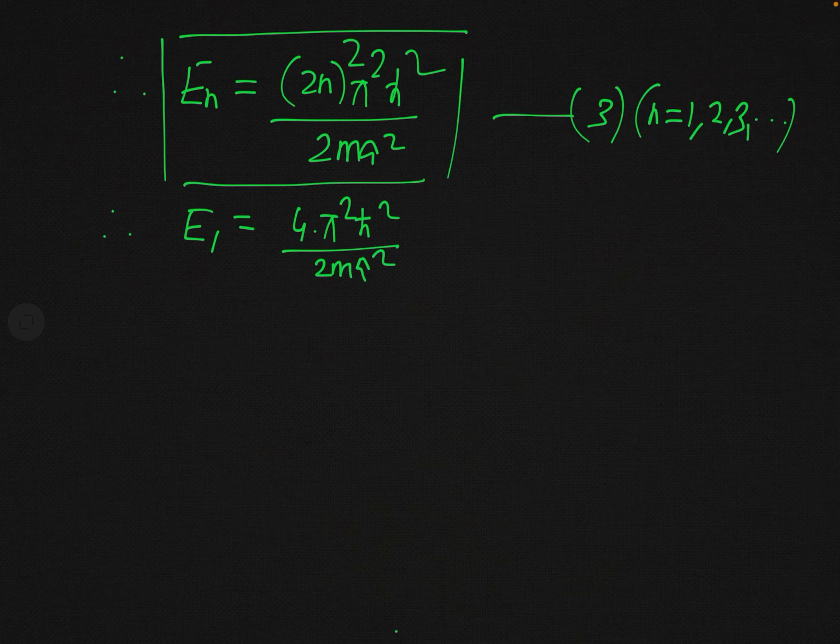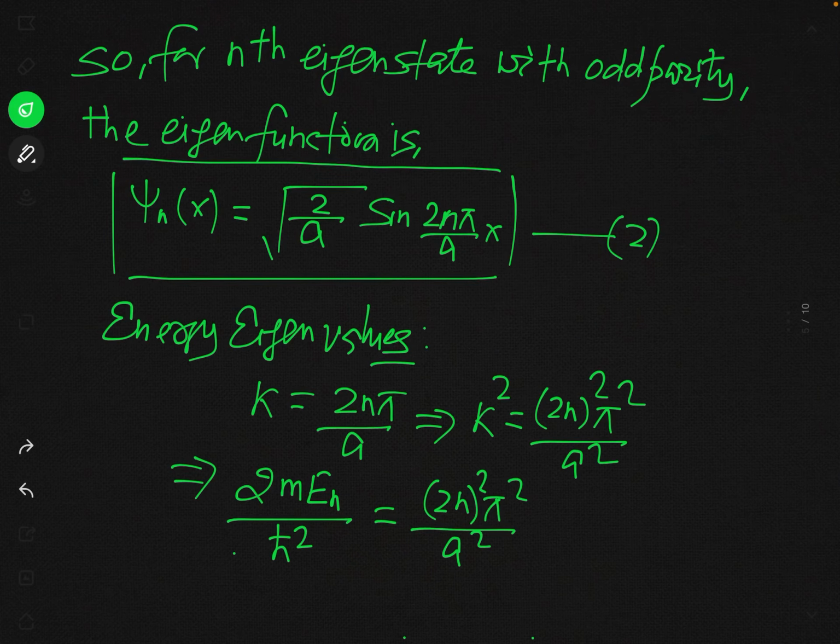We should actually write here E2n, not in fact En. If you write E2n, that will be the most appropriate symbol, because we have taken 2n instead of n.